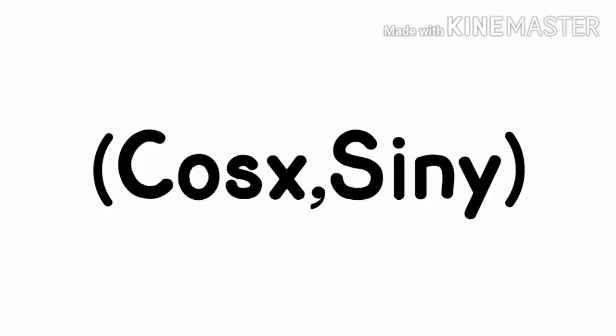Now define a vector field on the interior of the rectangle by the function f(x, y) = (cos x, sin y). We know that the functions cos x and sin y are smooth functions on the open interval (0, π).